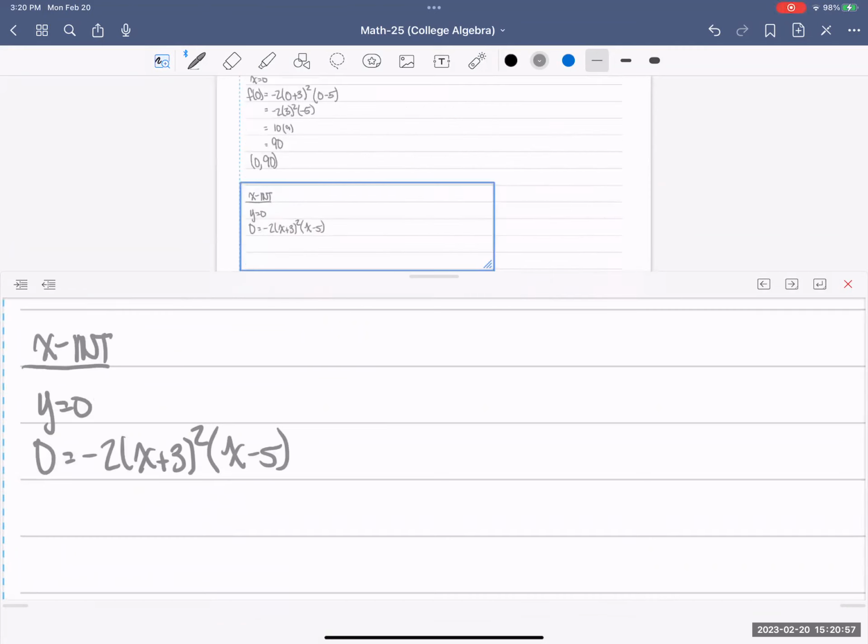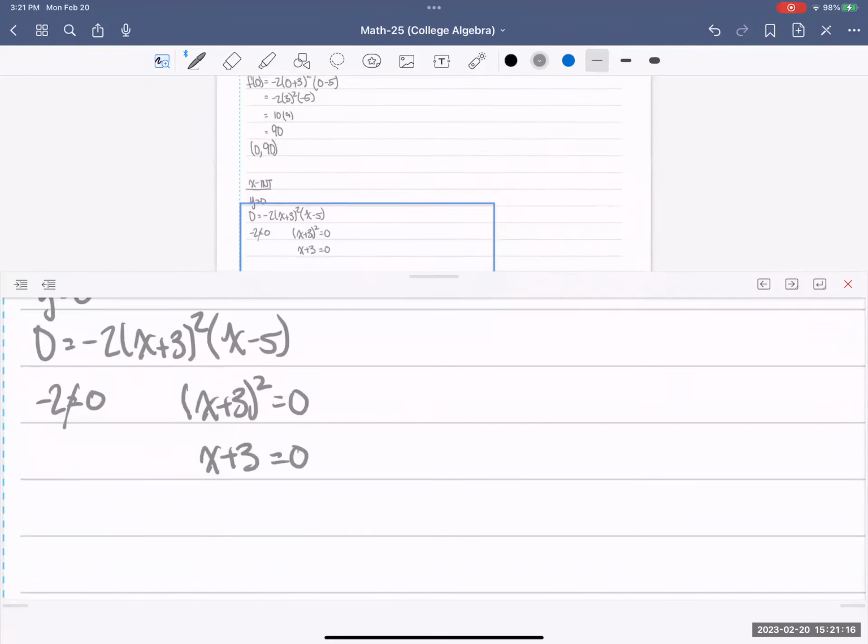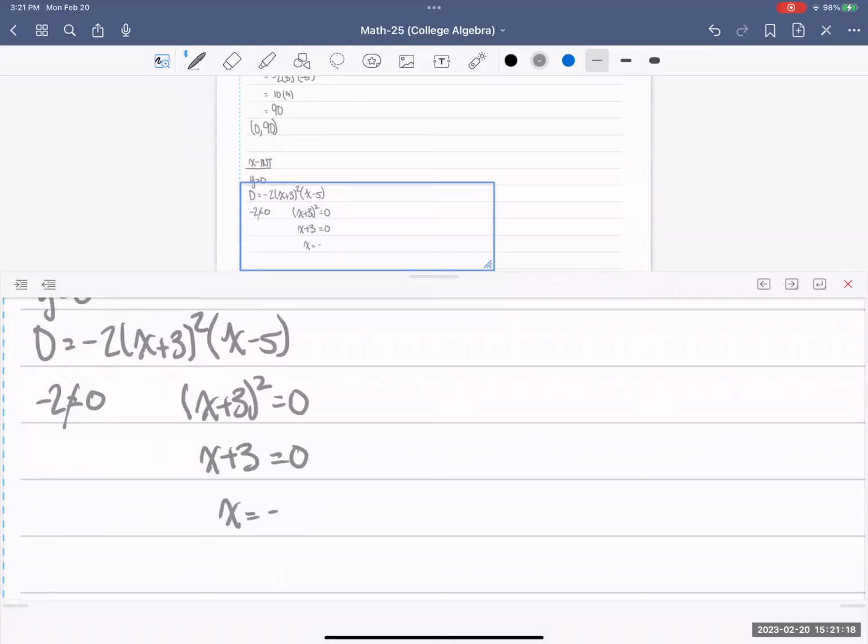Our function is equal to 0 when each of those separate parts is equal to 0. When -2 is equal to 0, that doesn't happen, so we have no solution there. When (x plus 3) squared is equal to 0, x plus 3 equals 0, x is equal to -3. So that gives us the point where x is -3, y is 0.